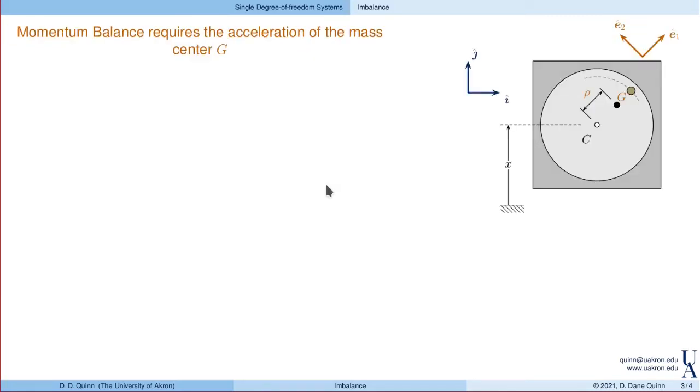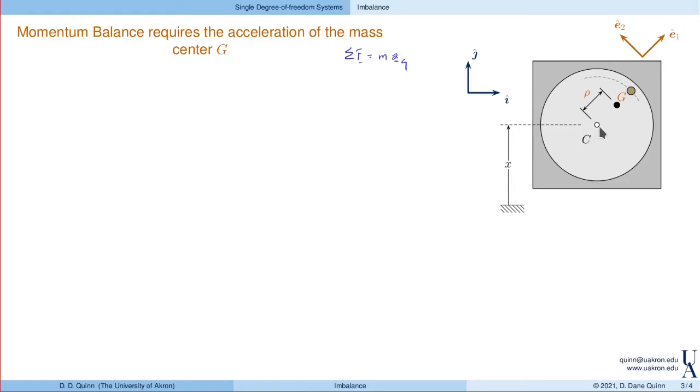Why do we make such a big deal about where the mass center is? Well, it's because that's what momentum balance needs. When we think about momentum balance, it's the sum of the forces equals the mass times the acceleration of the mass center. So we have to know the acceleration of the mass center in order to apply momentum balance.